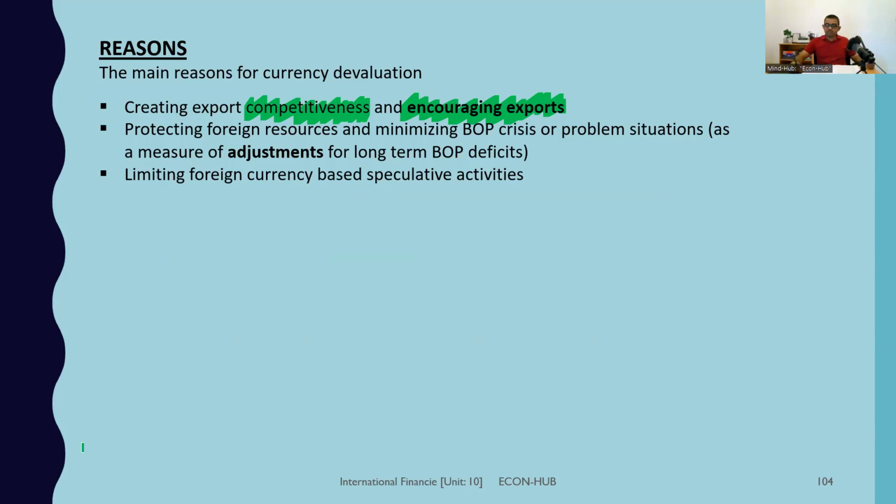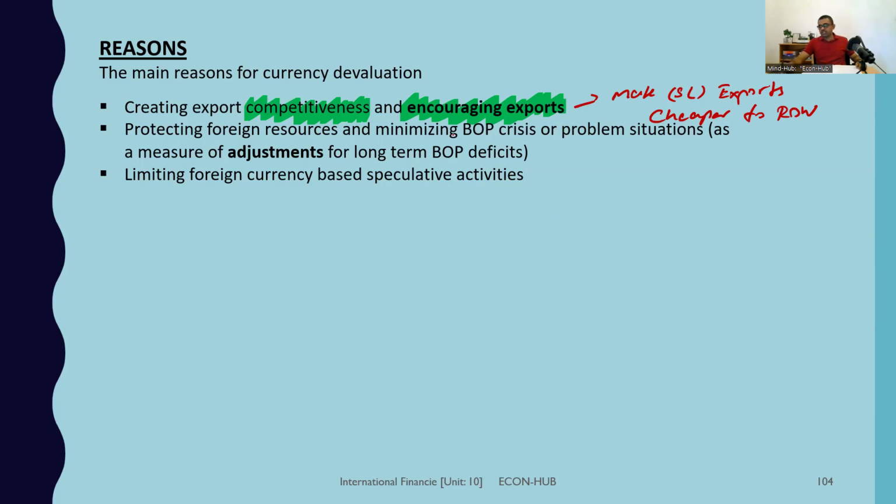Here, our goods become cheaper. Make Sri Lankan exports cheaper to ROW, the rest of the world. That is the basic idea. Get it?